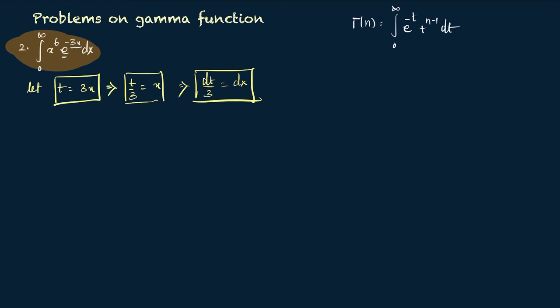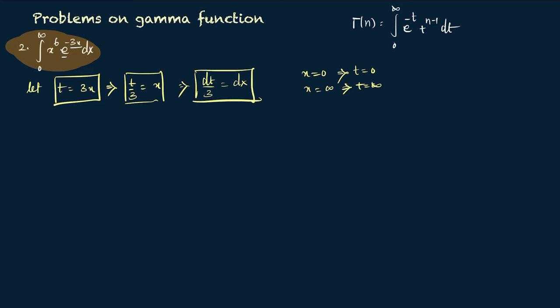Now the only thing I have to do is replace this into this integral. Now the limit is going to change: whenever x was 0, t becomes 0, and whenever x is infinity, t is going to be infinity. So remember that whenever you change the variable, you need to change the limit according to that variable.